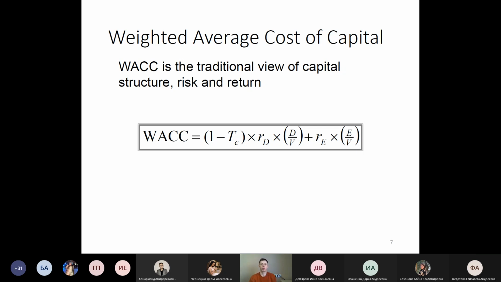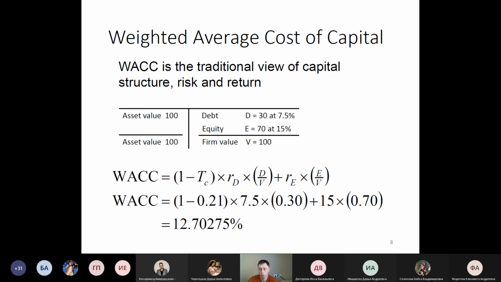Alternatively, the cost of equity is either considered as opportunity cost of capital, or if we talk about the direct costs of equity, those would be dividends, but dividends are paid after the corporate taxes. And therefore, we do not have the tax shield here, but we have it there in this part, the part that stands for the cost of debt.